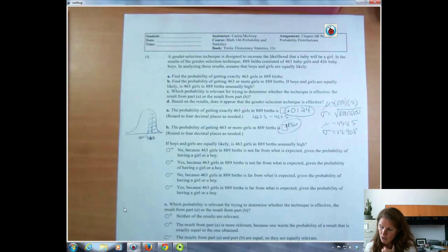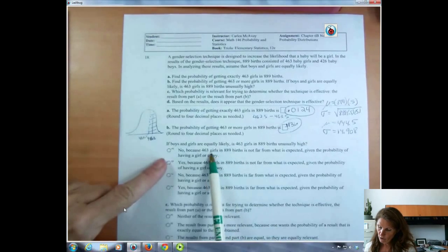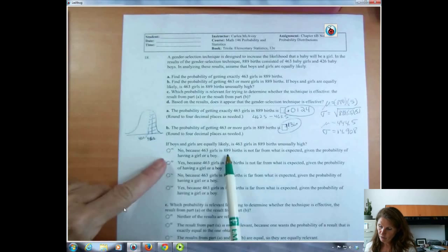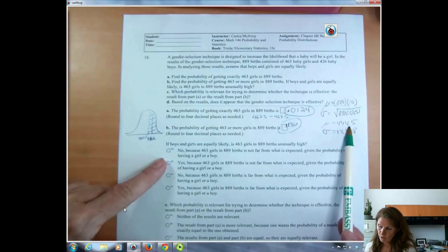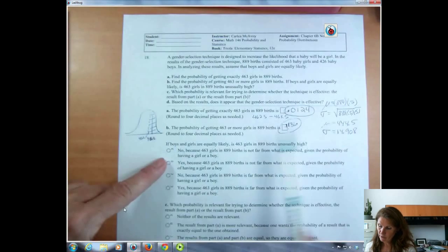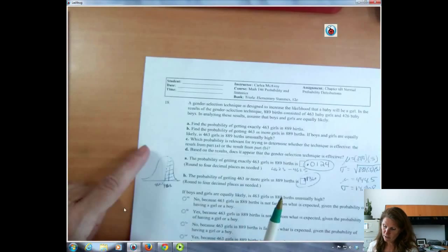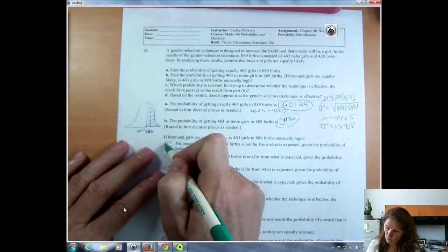So it's no, the 463 girls is not far from what's expected. 444.5 is what we kind of expected. 463 is not that far from what we expected, so that's A.